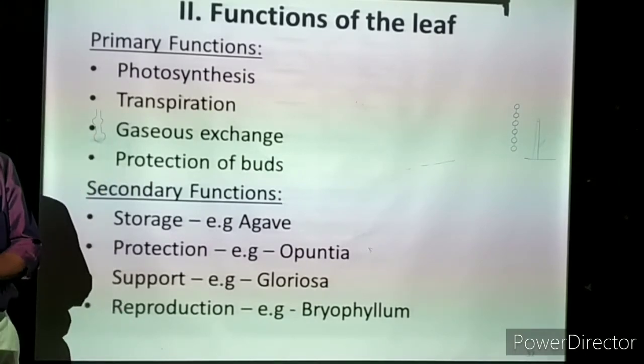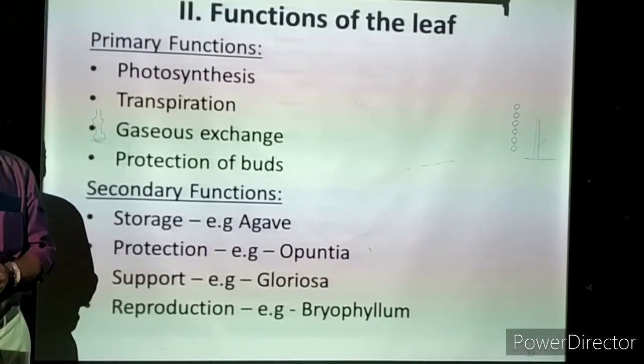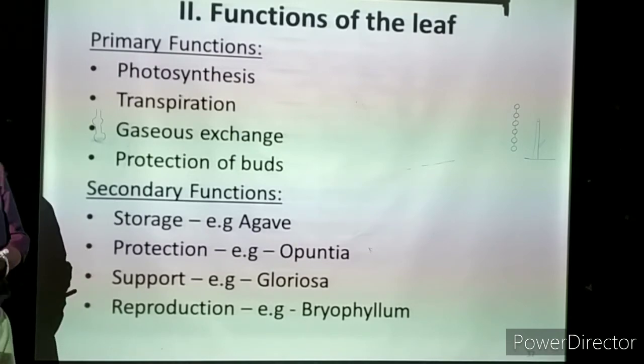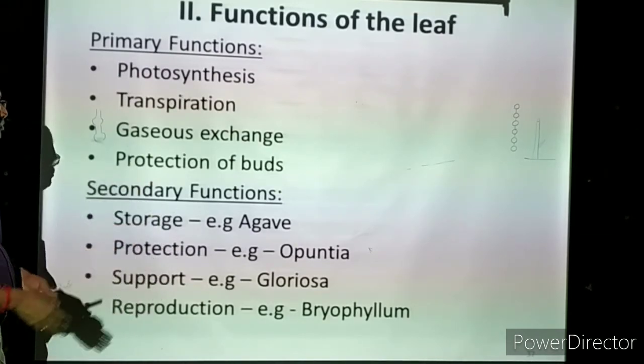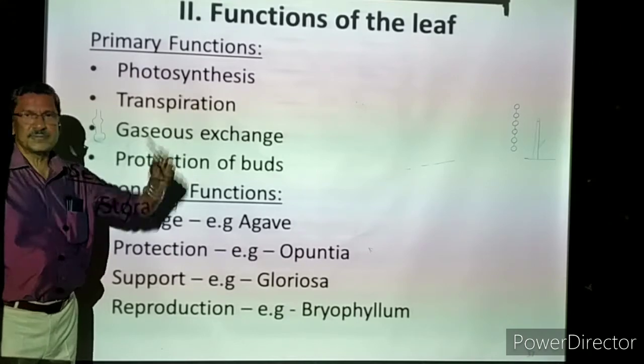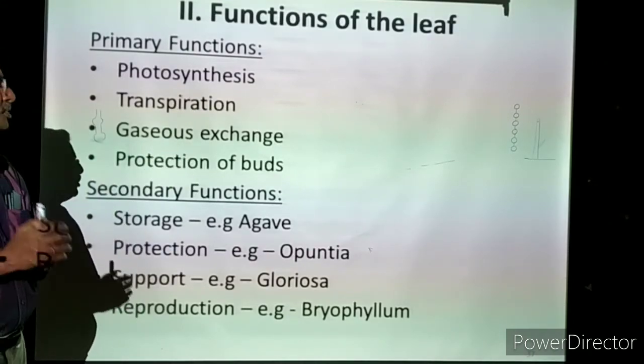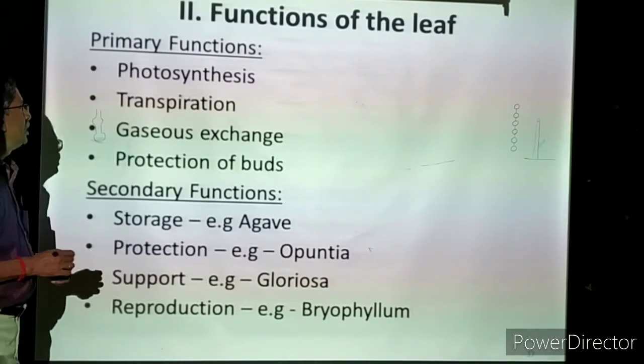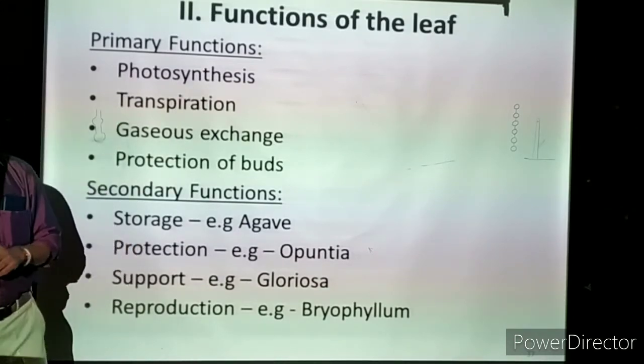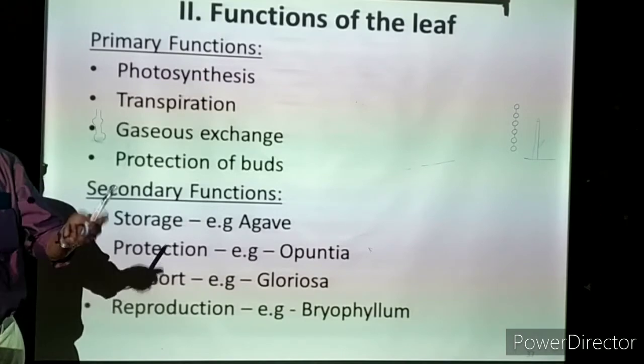Say the root system of any plant is constantly absorbing water 24 hours and supplying the water to the stem. The stem is supplying the water to the leaves. But a leaf needs only a limited amount of water for survival in a day. But excess water will be there in the leaf, and the excess water should be sent out.